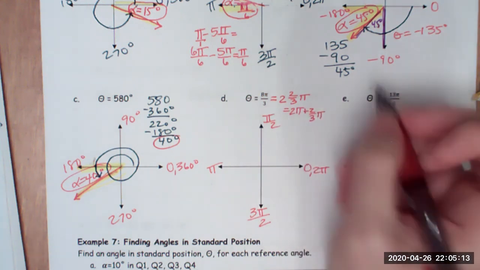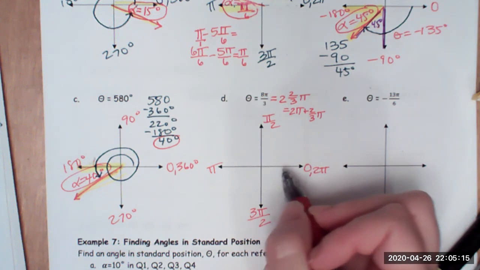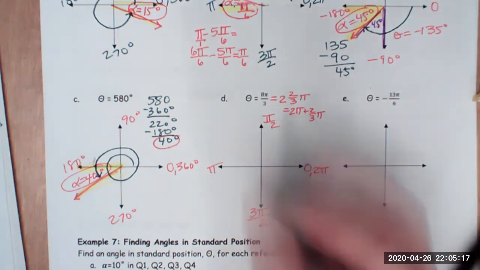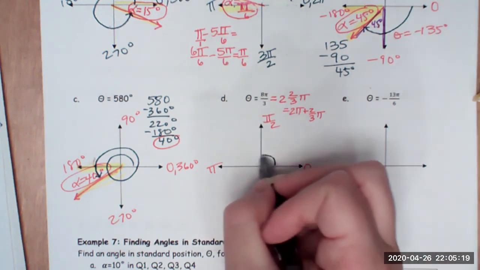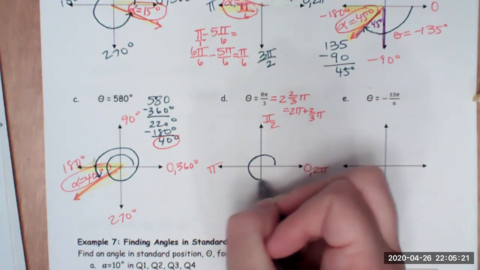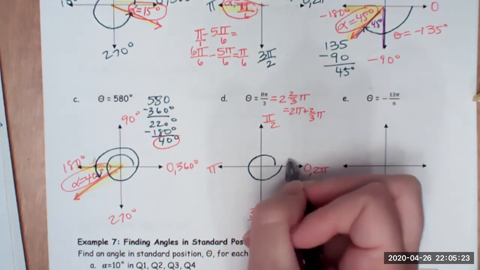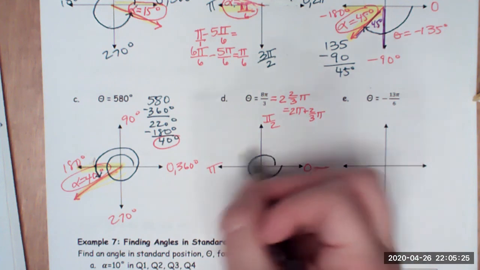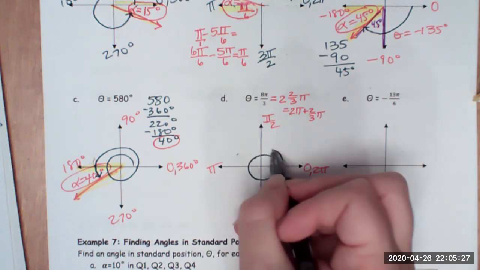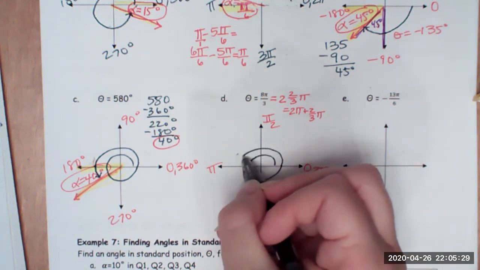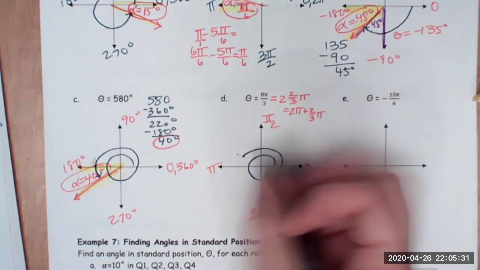Okay, so in other words, we're going to travel around the circle once and another 2/3 of the way to pi. Okay, so 2/3 of the way to pi.